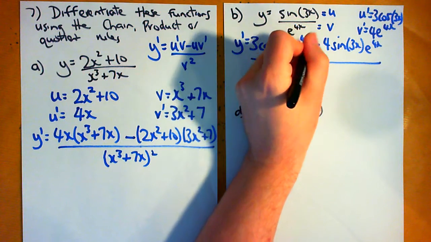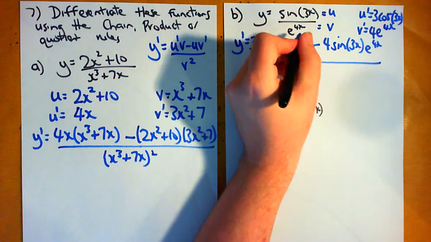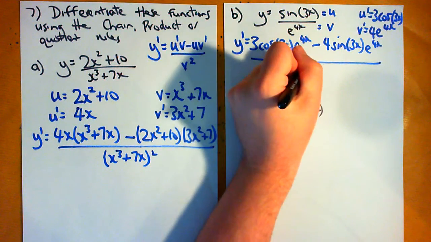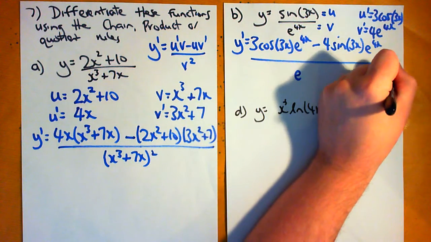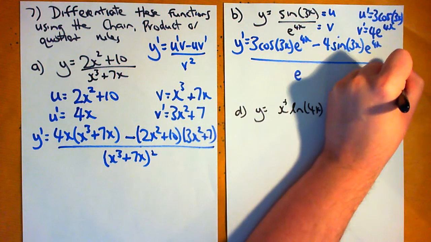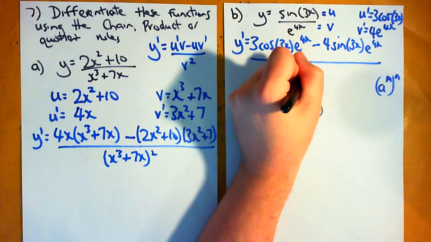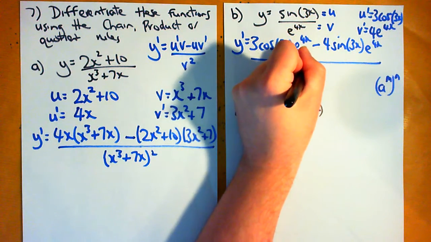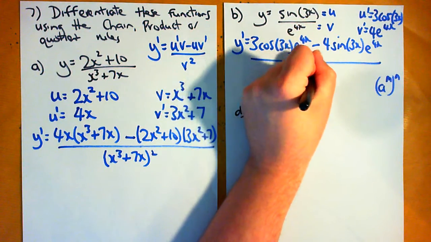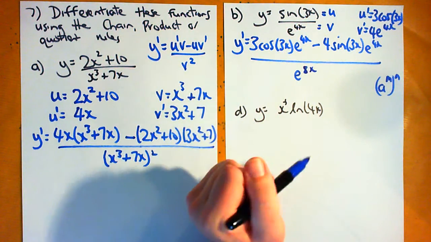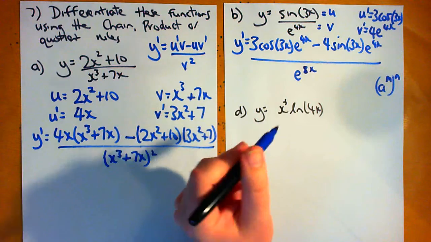If we're squaring something, it's a case of doubling the power, because we're really using the rule that says a to the m to the n means that we can multiply the power. So if we've got e to the 4x and we're squaring it, that means multiply the power by 2 and we get e to the 8x.